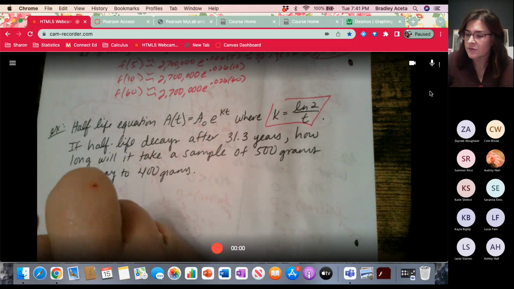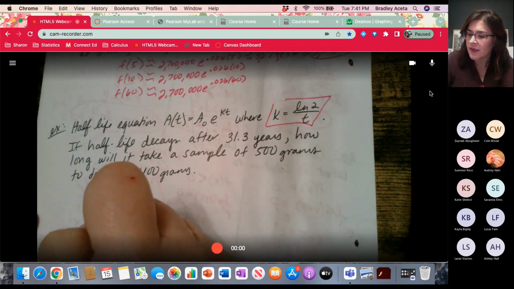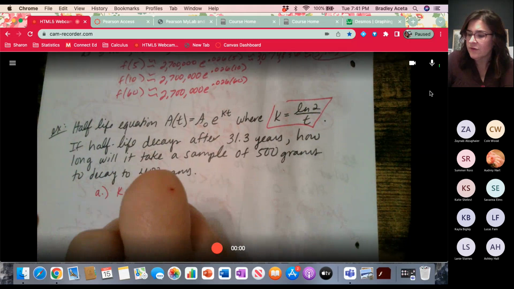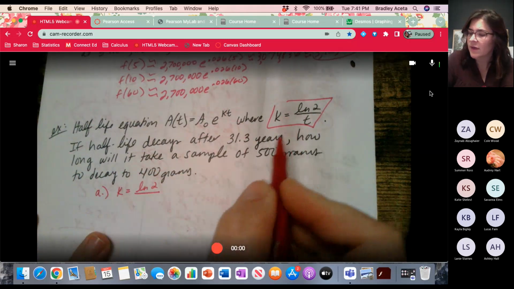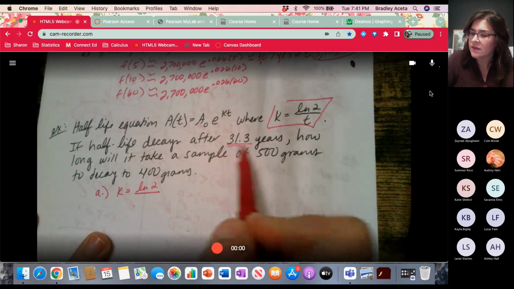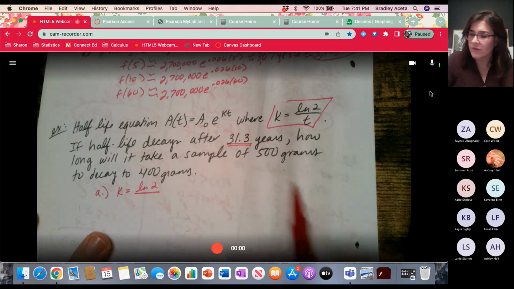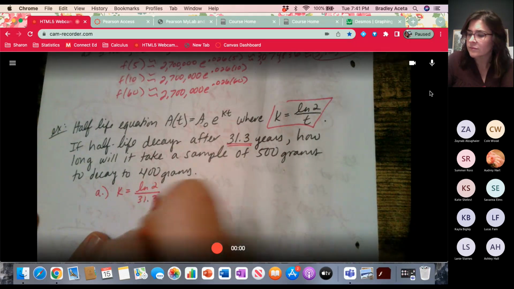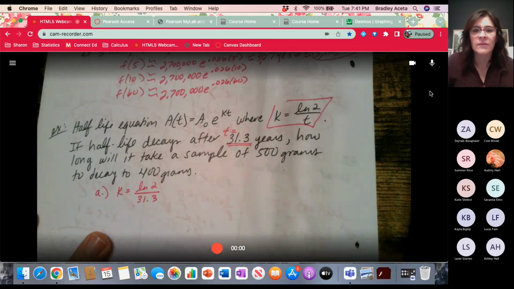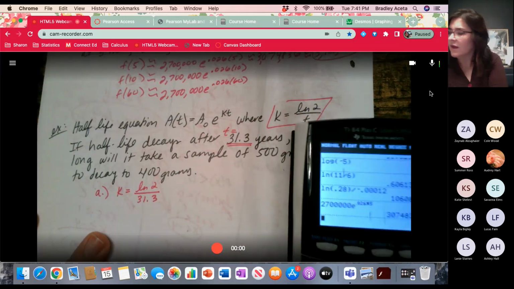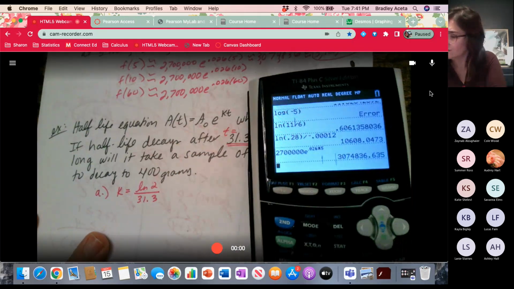So we'll say part A. k is the ln of 2 divided by time. Well, they told us the time is 31.3 years. So we're just going to do ln 2 divided by 31.3.